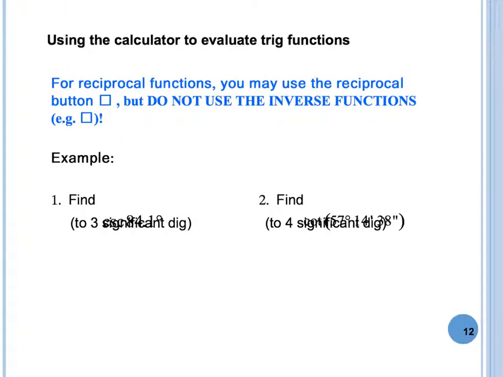Okay, so it's completely impossible to read what's on the screen here, where we're trying to find something to 3 significant digits, but hopefully on yours it's easier to read. We're trying to find the cosecant of 84.1 degrees. So first thing first is we want to make sure our calculator is in degree mode, because 84.1 degrees is not one of the degrees on our unit circle, so we have to use a calculator.